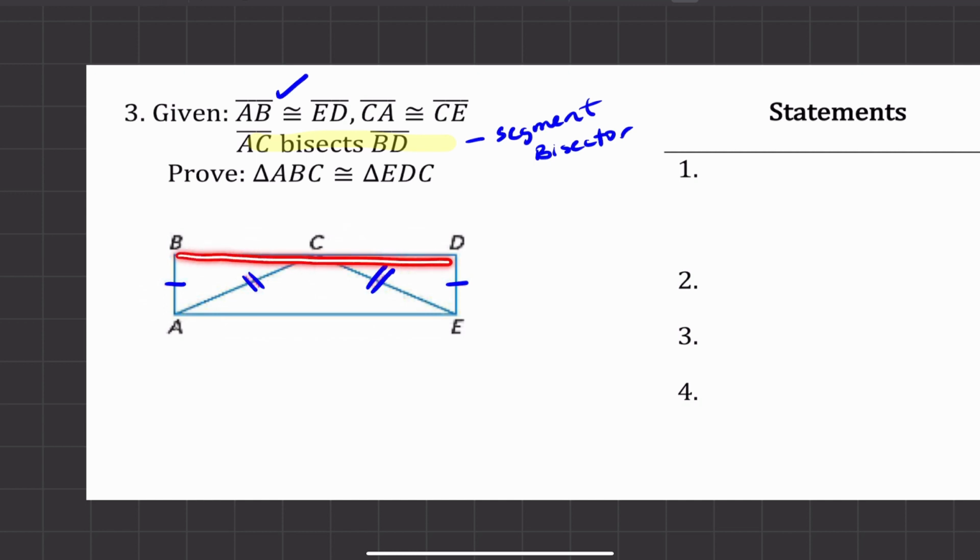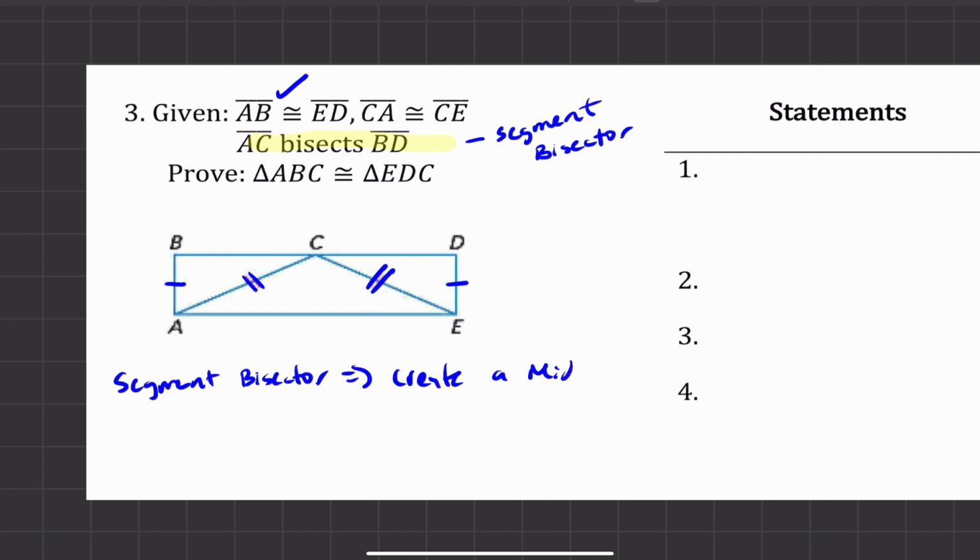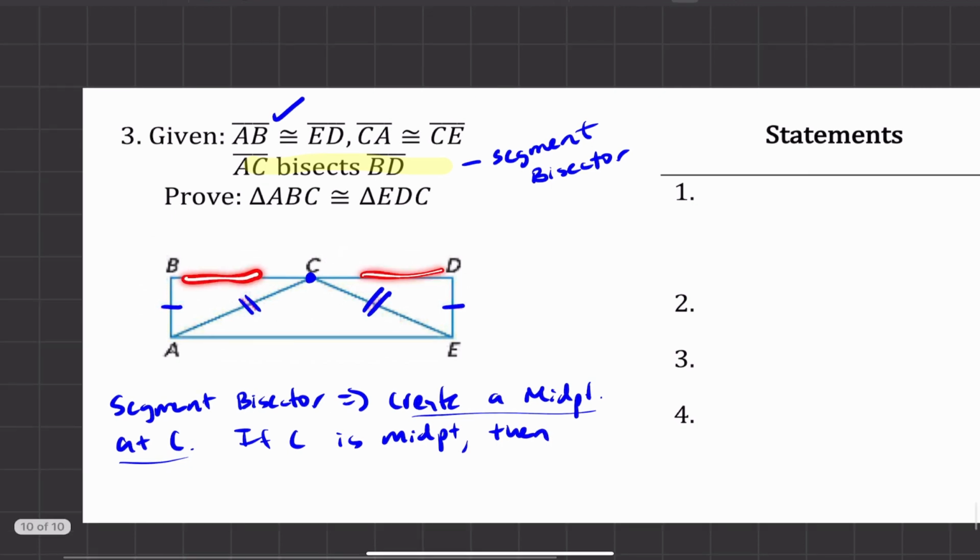Okay? And know that segment AC is bisecting BD. So when you have a segment bisector, it's going to create a midpoint at C. So first of all, it creates a midpoint C. I'm going to go ahead and just draw a little dot there at C. So if C is the midpoint, then this segment here and this segment here are congruent.